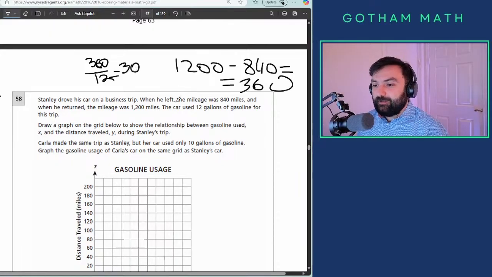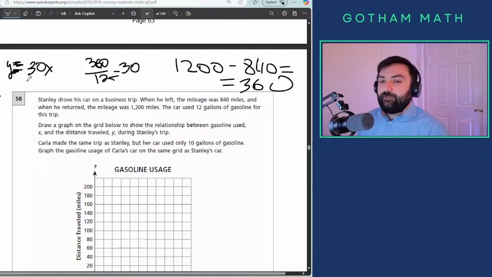So I think the equation that we're going to use for Stanley's trip is going to be y equals 30x. 30 miles per 1 gallon, and x is going to be the amount of gallons used, right? So 1 gallon 30 miles, 2 gallons 60, and so on.